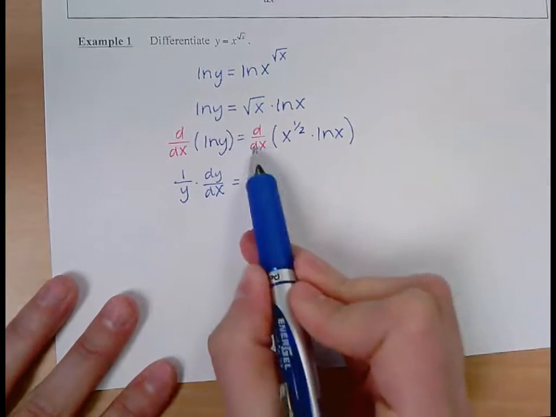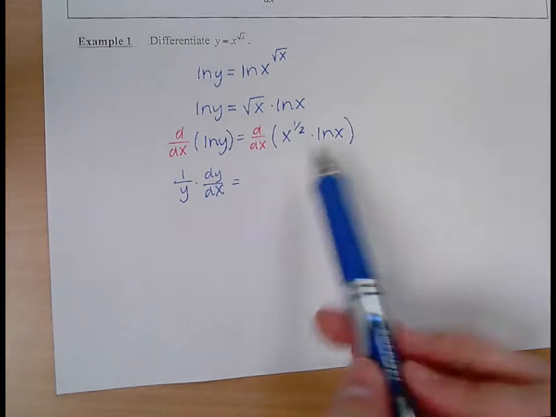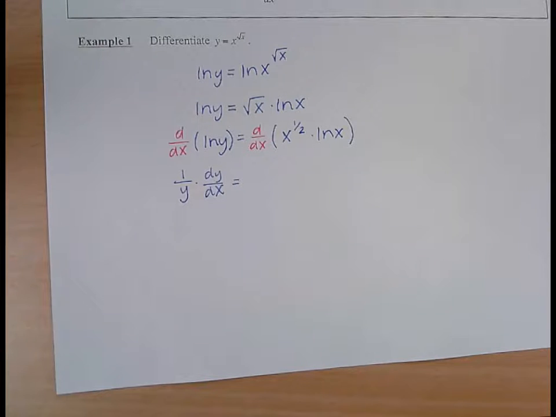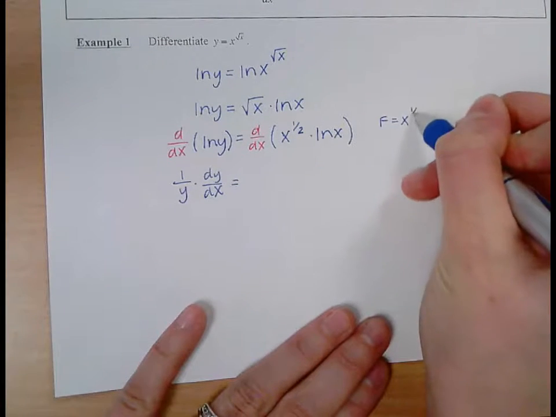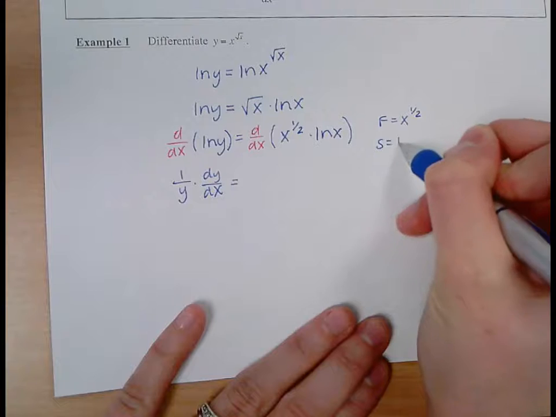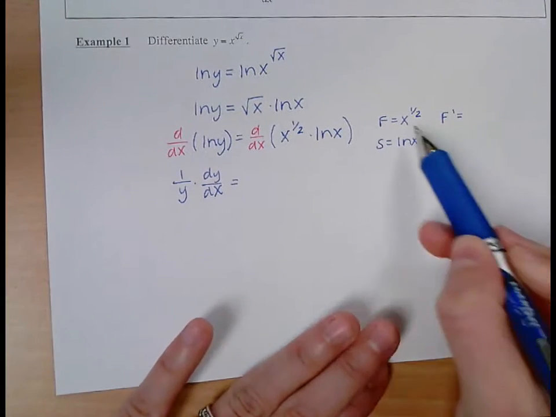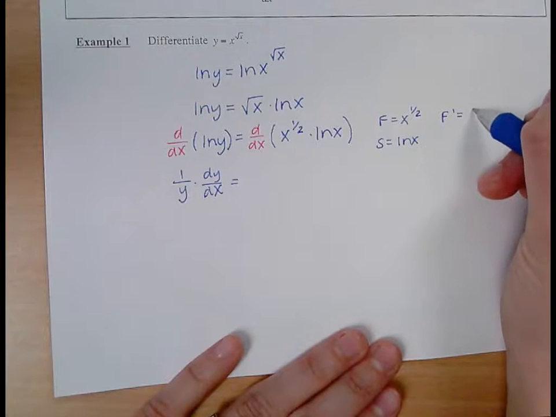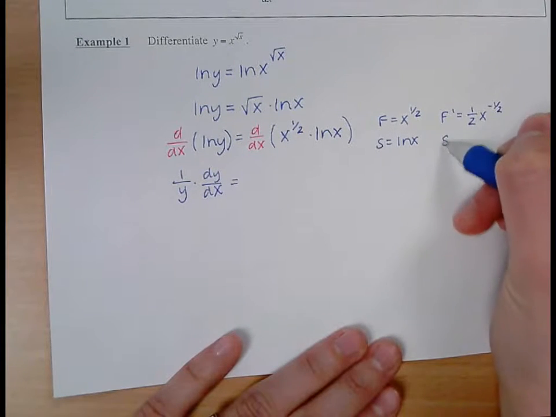On the other side, everything is already in terms of x, so you're just taking the derivative using the appropriate rules. What do we need to find the derivative of the right side? Product rule, I heard. So first is x to the 1/2, second is natural log of x. Derivative of x to the 1/2 is 1/2 x to the negative 1/2.